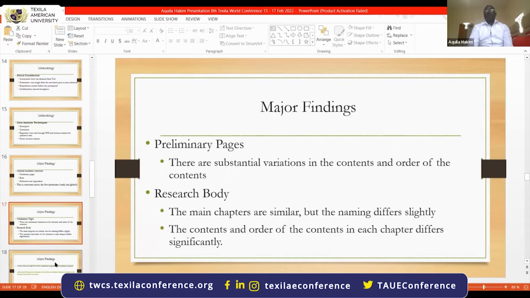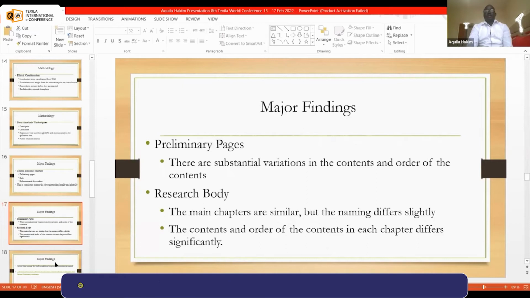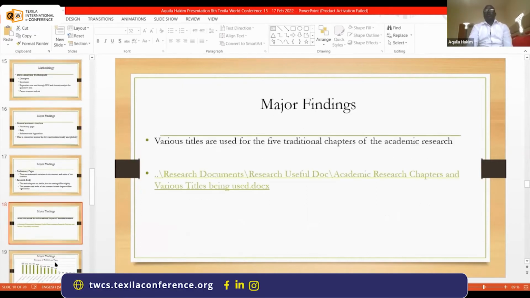Then for the research body, the main chapters are similar, but the naming differs slightly. The content and order of the content in each chapter differ significantly. There is variation in the titles used for the 5 traditional chapters of academic research.